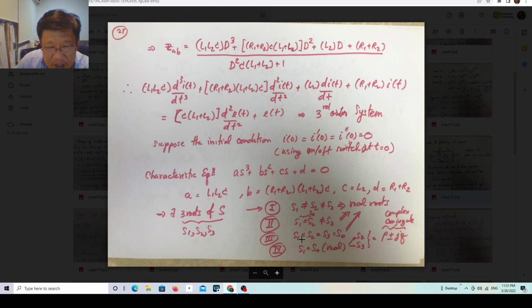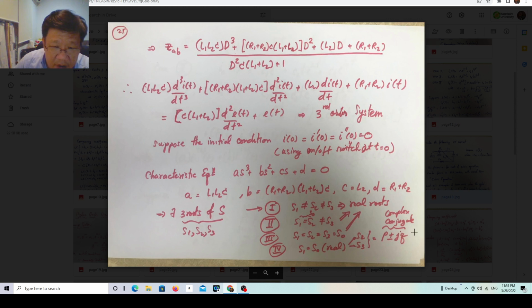The third condition is that you have all three roots the same number, S sub 0, all equal roots, three of them all equal. And the fourth case, you can easily guess, is that there exists one real root, S sub 1 here, but the other two roots are in the form of complex conjugates.